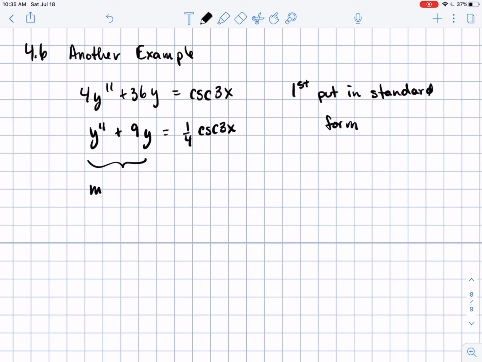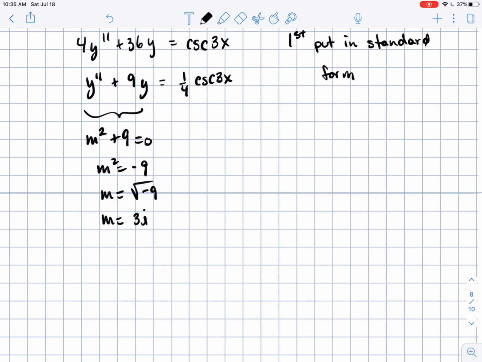So I'm basically finding y sub c, right? So I have m squared plus 9 equals 0. And just to go over this real quick from algebra 2, remember you're going to take the square root of that -9, giving us plus or minus 3i.